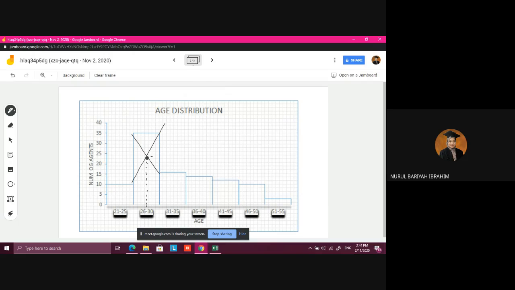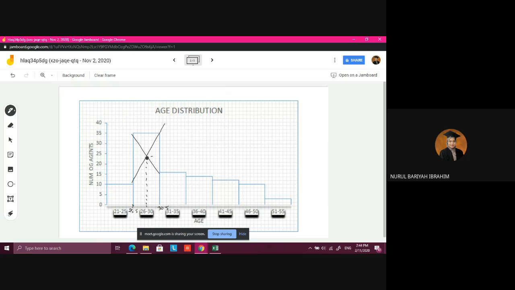So kat sini ni kan sepatutnya di sini adalah 25.5. Yang ni just kita letakkan dia punya labeling sahaja. Tapi di sini scale-nya 25.5, di sini 30.5, di sini 35.5. So you kena kira lah di sini berapa. It should be sini 25.5, di sini 30.5.